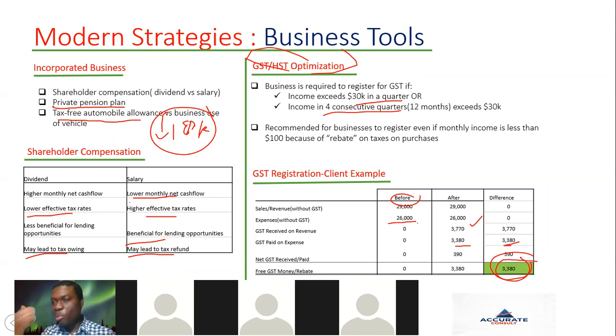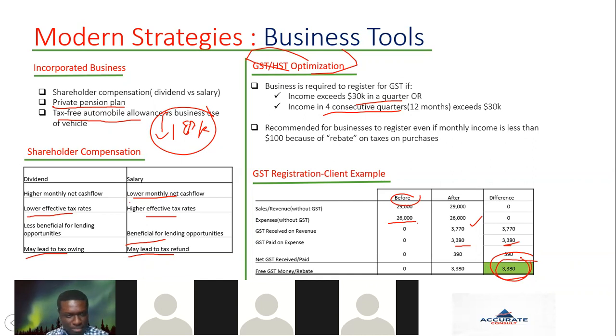So when you collect GST, you can claim the GST you paid on your expenses too. So if your business is small and you're not registered for GST, please go ahead and register for GST.